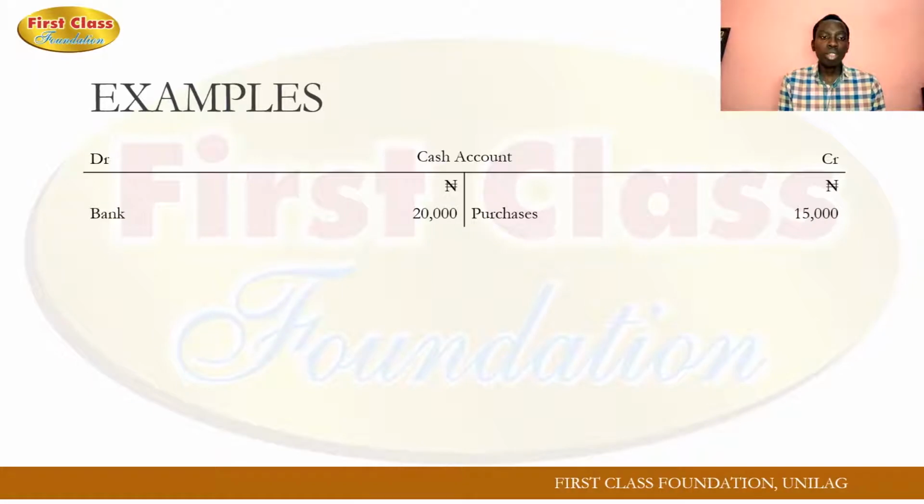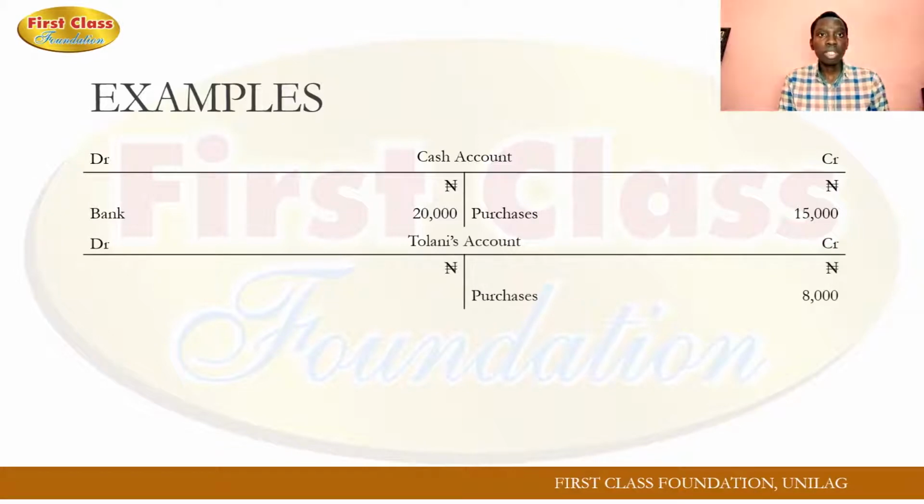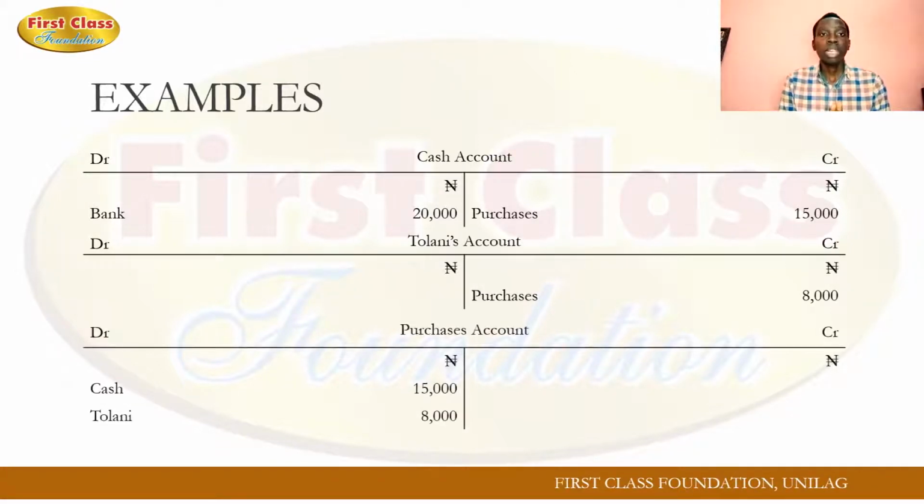So our cash account is now credited with purchases 15,000. Remember I earlier said that there are two parties to every transaction, and although you might have more than two accounts involved in a transaction, it is more than one transaction fused into one. Now we see a practical example here. There's both a purchase on credit and a purchase in cash.